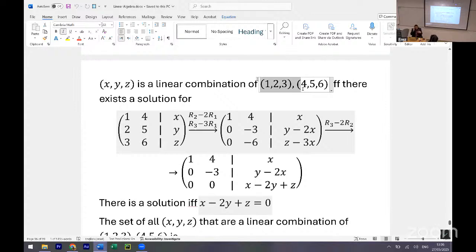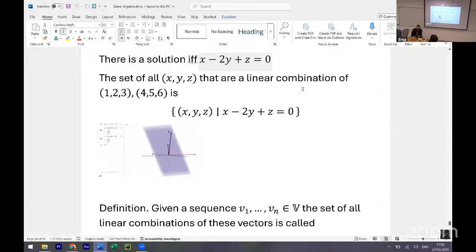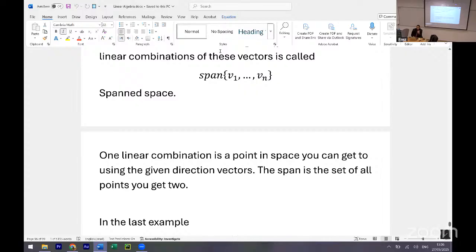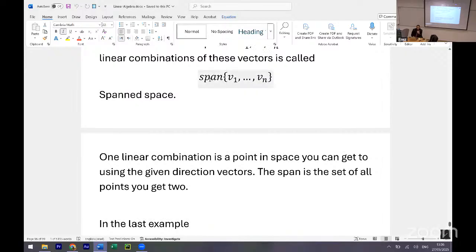And the set of all the points you can get to is called the span. It's the linear vector space created from these vectors.